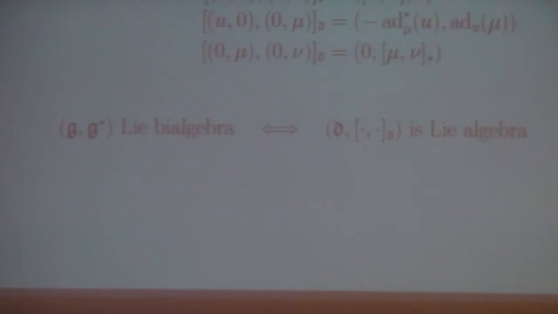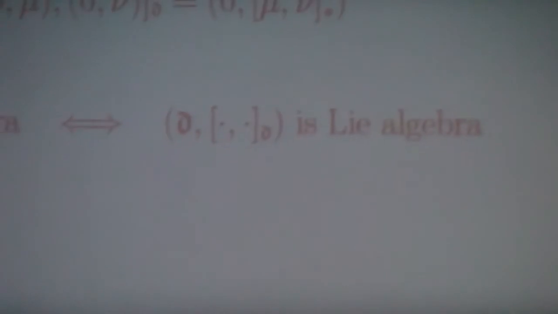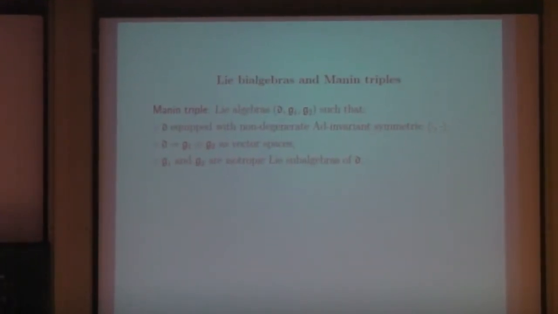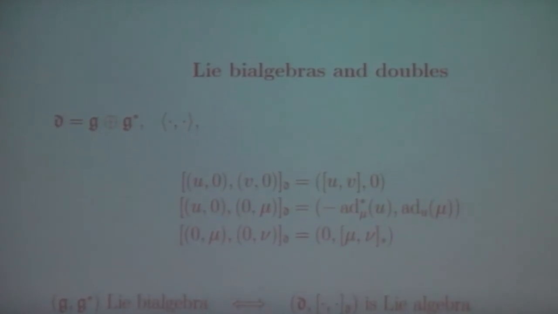So basically you get a Lie algebra on the direct sum of g and g star by a specific formula. And this really is a more symmetric way to understand this, particularly because there is this associated notion of Manin triples. A Manin triple axiomatizes this object here.